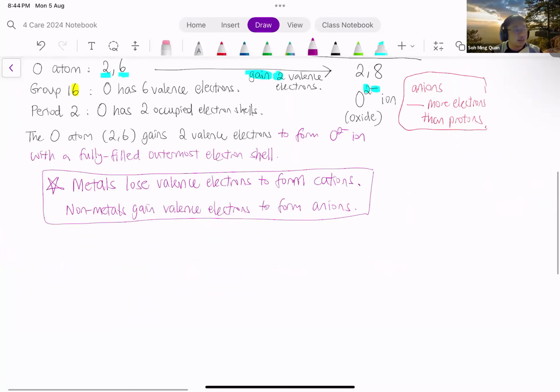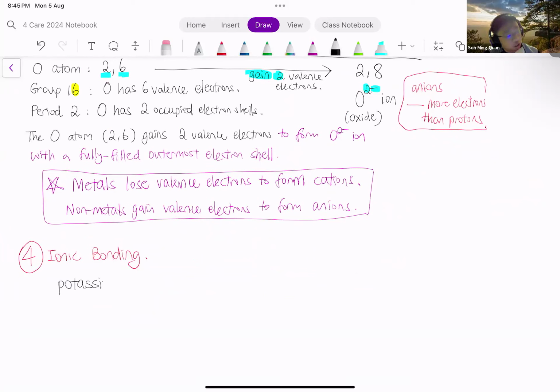And this leads us nicely into the concept of an ionic compound with ionic bonding. So now that we have talked about ions, we are ready to talk about ionic bonding. If potassium and oxygen reacted together, they form potassium oxide.